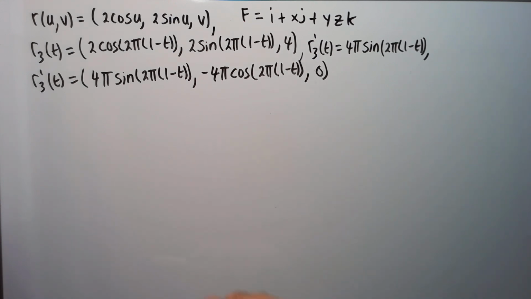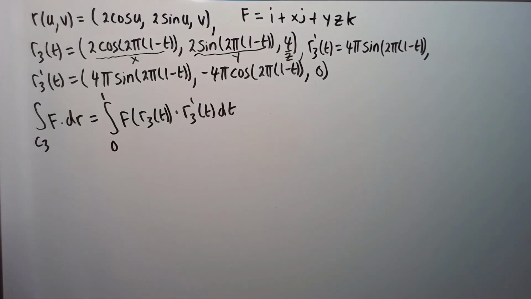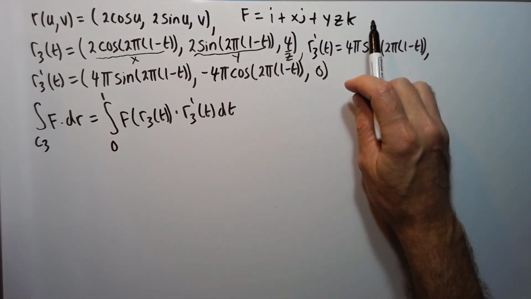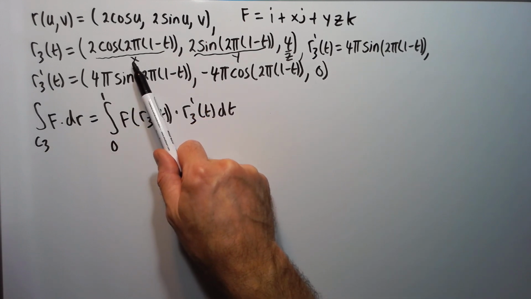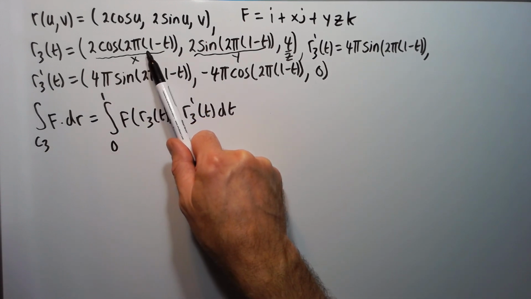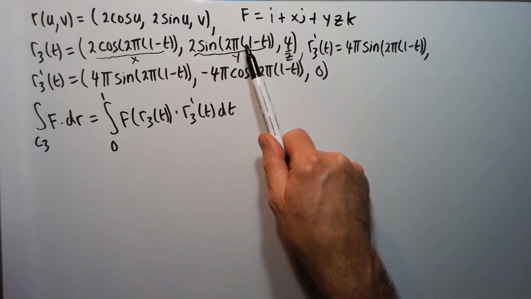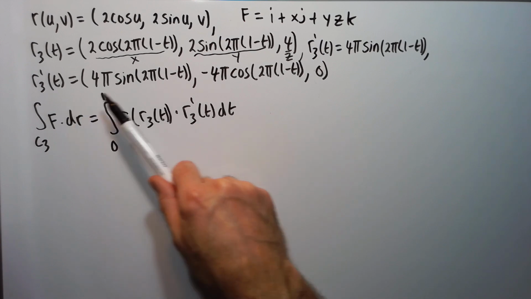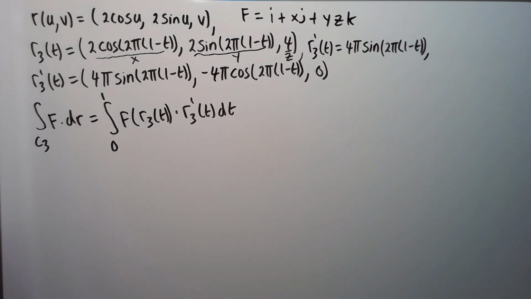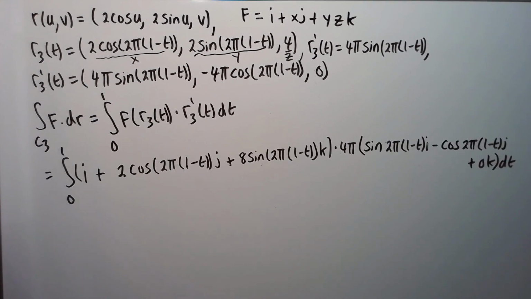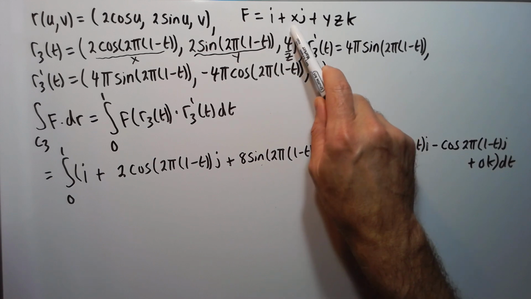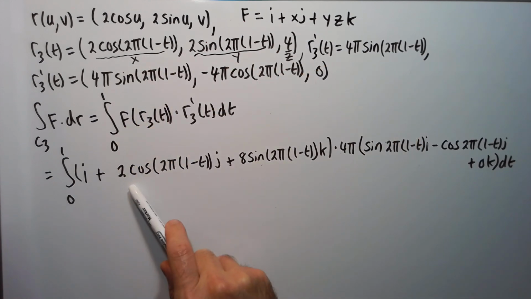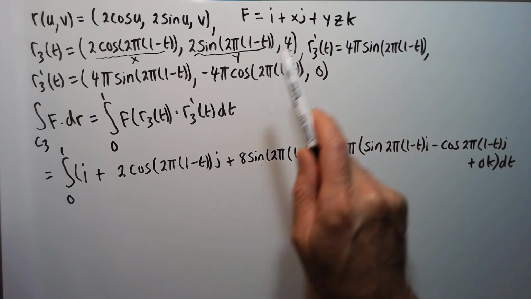Okay, so let's do the line integral now over C3. I'm going to plug into my F up here, but this time my x will be 2 cosine 2 pi (1 minus t), my y will be 2 sine 2 pi (1 minus t), and my z will be 4. So again it will be x i, but x now is 2 cosine 2 pi (1 minus t), plus yz.